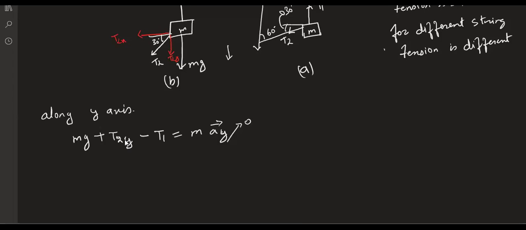So obviously the forces which are in the same direction will be added and the force in the opposite direction will be subtracted. So you can either write mg plus T2y minus T1 is equal to may, or T1 minus mg minus T2y is equal to may. Doesn't matter. The direction of ay will change. Got it? Shakib, you got this now?